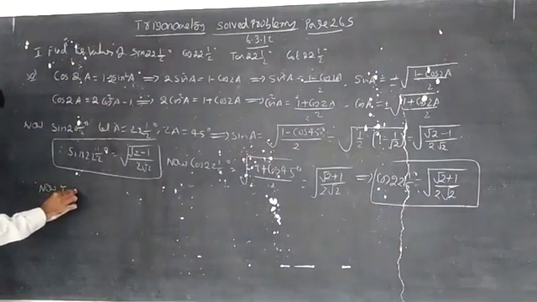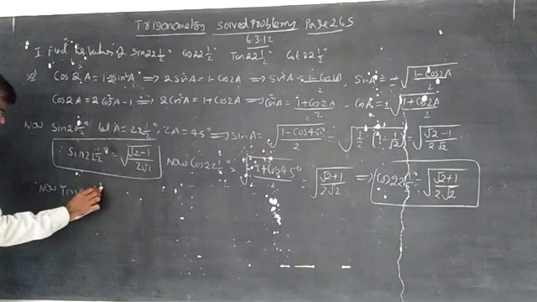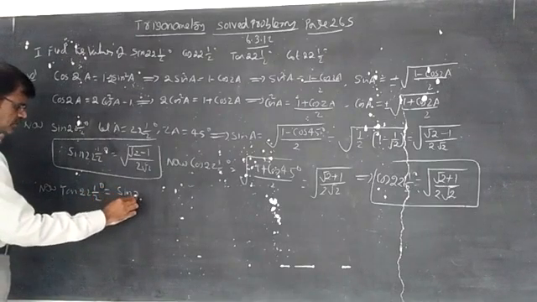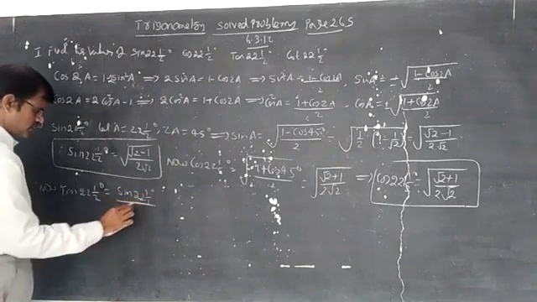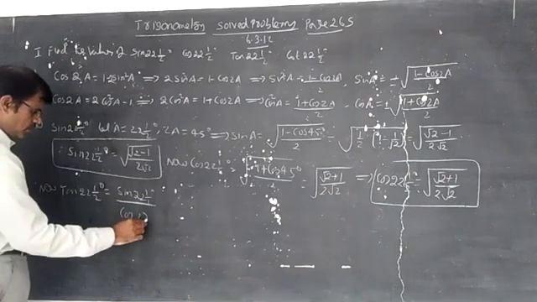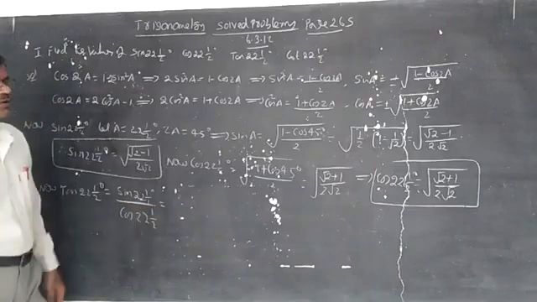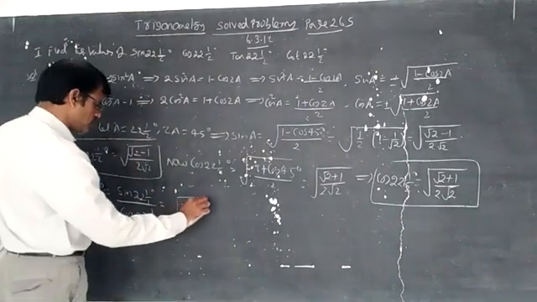Now tan 22.5. We know that tan theta is equal to sin theta by cos theta. So this is sin 22.5 by cos 22.5. Sin 22.5 value we have written as root of (root 2 minus 1) by 2, and cos 22.5 is root of (root 2 plus 1) by 2.